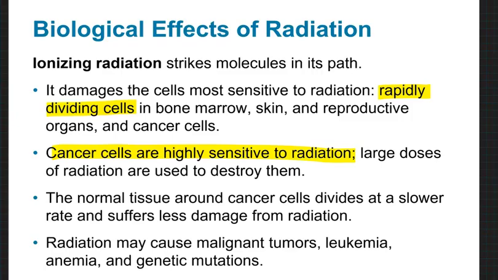So while normal tissue divides at a slower rate, the main problem with radiation therapy is, although it kills cancer cells, it may result in minor damage in the normal tissue, and that minor damage in turn can lead that normal tissue to turn into cancerous tissue.